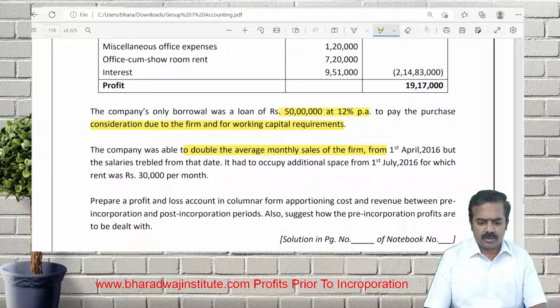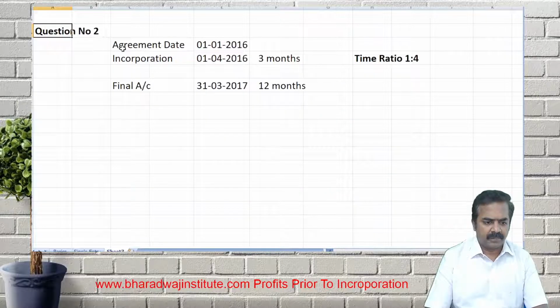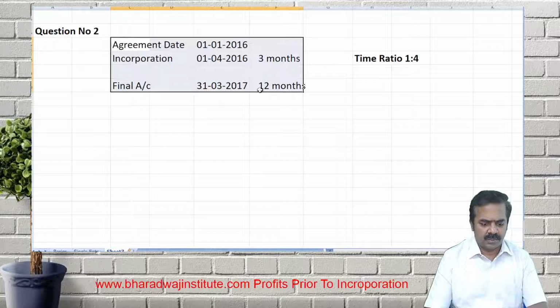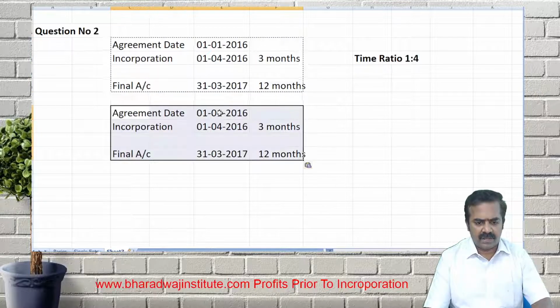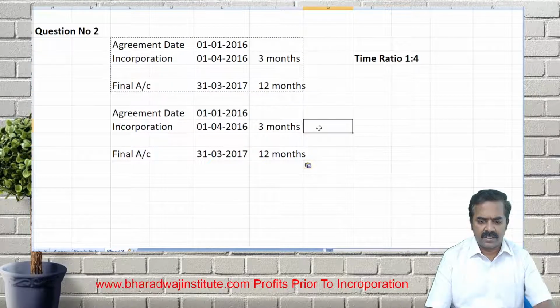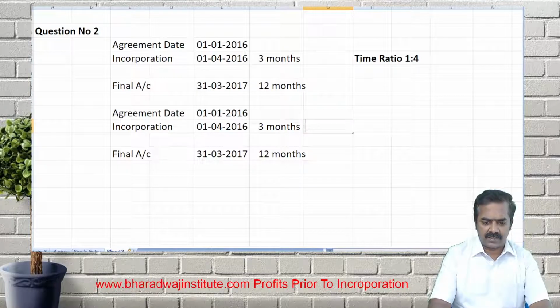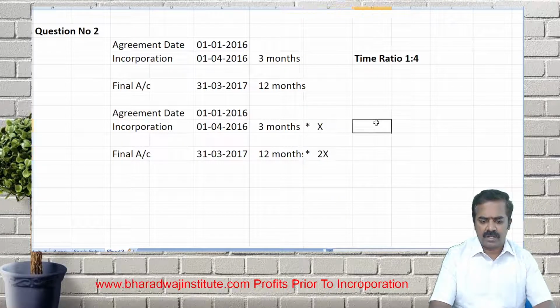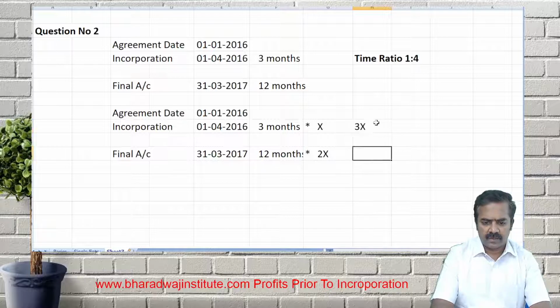Okay, so for the sales ratio, pre-incorporation 3 months, post-incorporation 12 months. If the sales was X during the pre-incorporation period, post-incorporation period it is what? Double. So 3 into X, 3X, 12 into 2X, 24X.